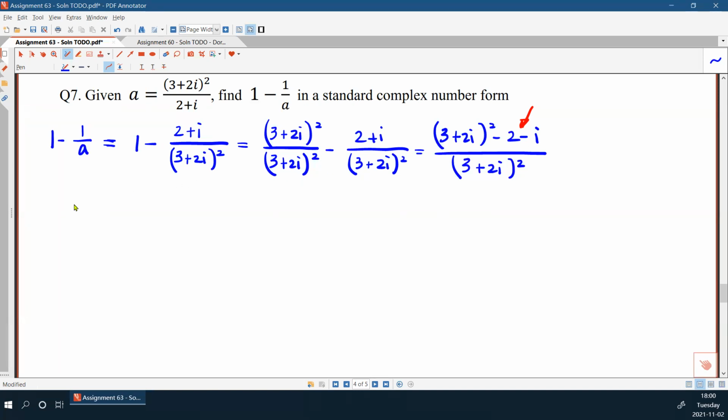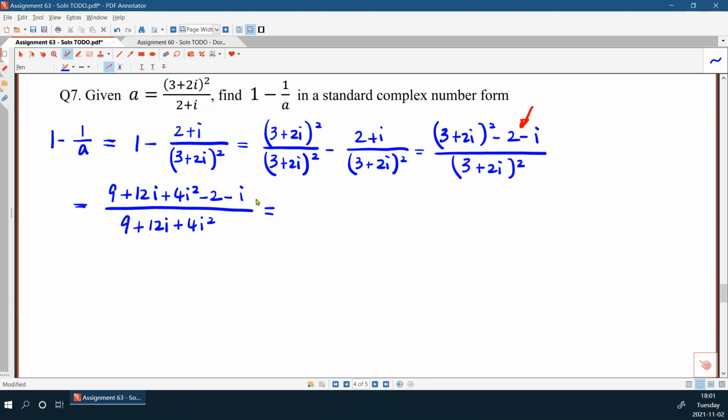Okay, so now we can expand the numerator, which is 9 plus 12i plus 4i squared minus 2, then minus i, right? Over the expanded denominator, which will give us 9 plus 12i plus 4i squared, right?